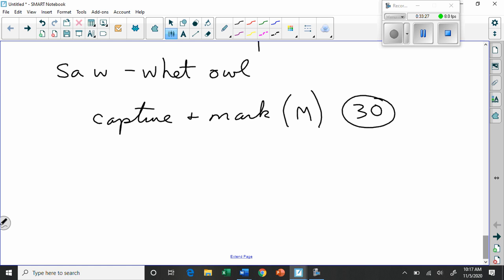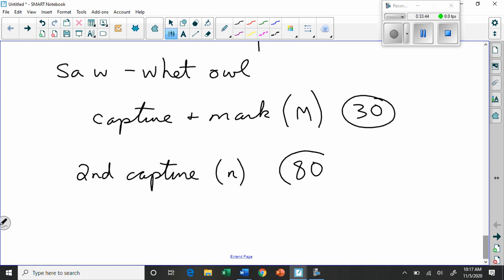Okay, then they did a second capture. The second capture is the small n, right? The small n. And they found out in the second capture, they captured 80 individuals, and they discovered that within that second capture, there's a small number that are marked, small m. There were 12 individuals marked.